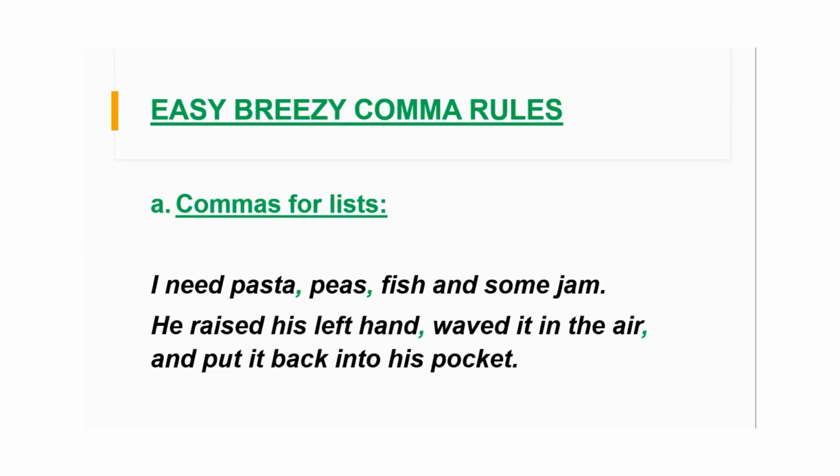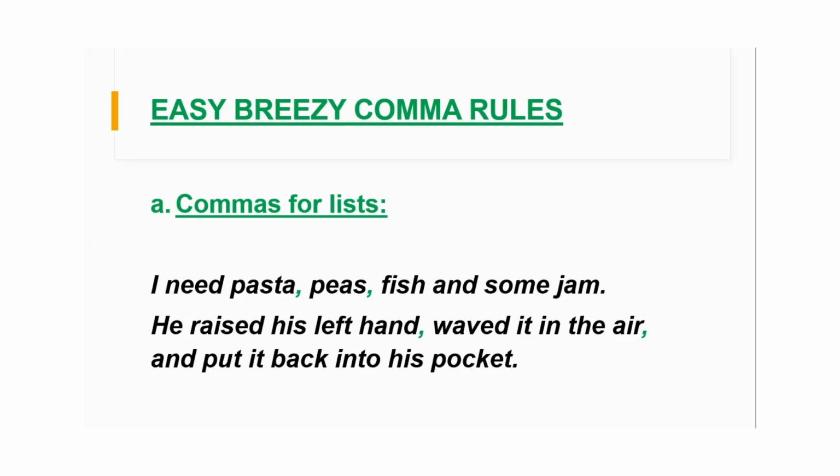What I would like you to remember is that it's not only when you're listing words or items that you use commas. When you're also listing a procedure, a process of something. For instance, if you're writing a narrative essay and you want to create a particular effect, like slow motion in a movie, to get more marks in your narrative, you want to explain how something is done. That's a process.